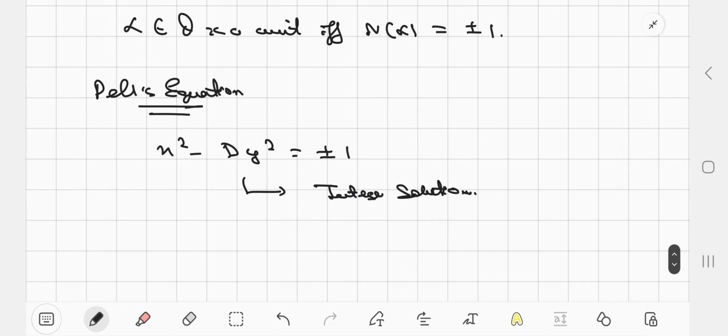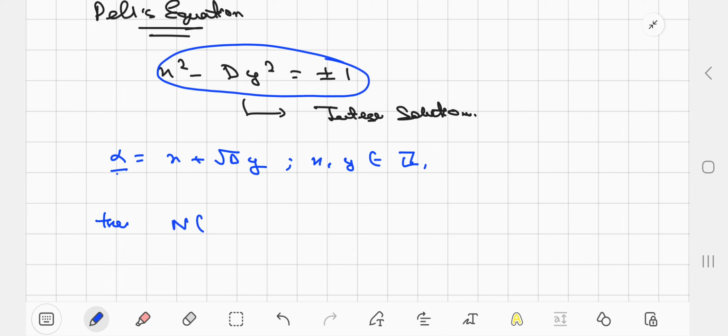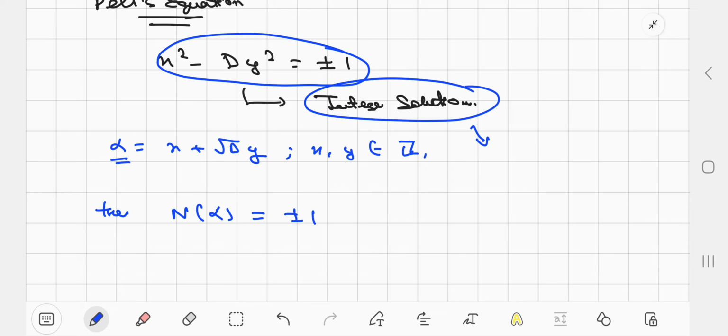But observe one important fact here: if I consider the element alpha to be x plus y root d, when x and y come from integers, then finding an integer solution to this is basically finding a solution to alpha such that norm of alpha is plus or minus 1, but that implies that finding an integer solution to this is equivalent to finding units in Z[root d], right?